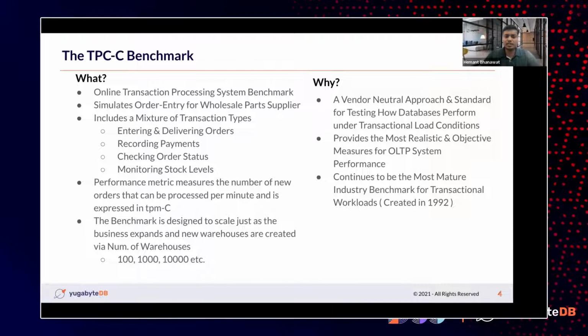Now, this benchmark is designed to scale just as the business expands and new warehouses are created. Why TPC-C? It is one of the most accepted benchmarks for OLTP databases. It's a vendor neutral approach.